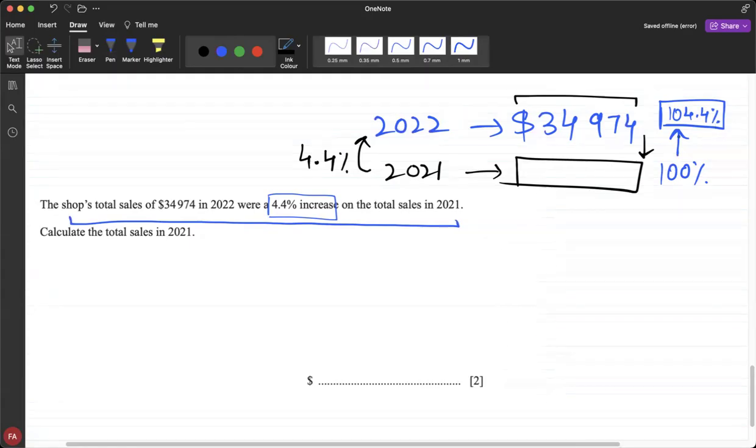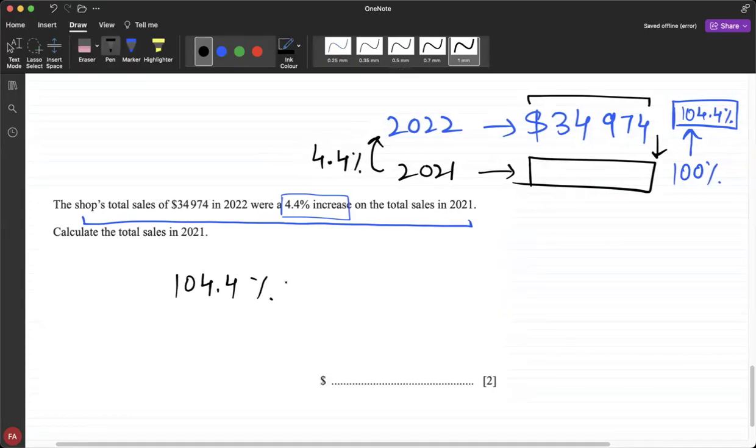And in 2022, this number has increased by 4.4%. So what does 104.4% mean? That means 104.4% represents this much value, 34,974. Now, we are trying to figure out what 100% represents.